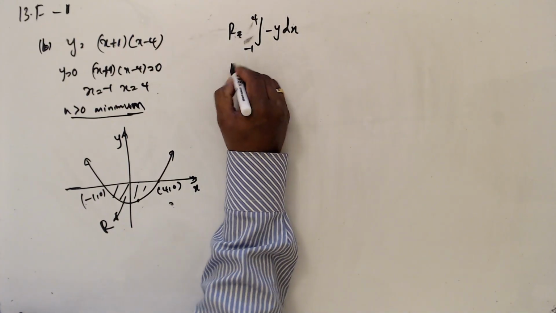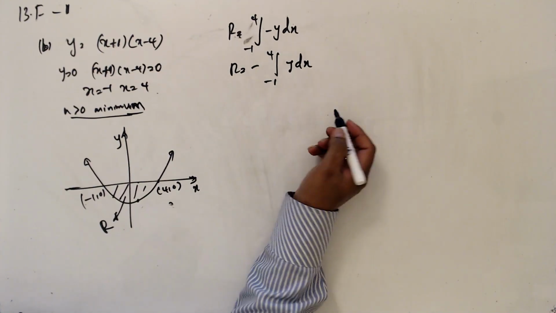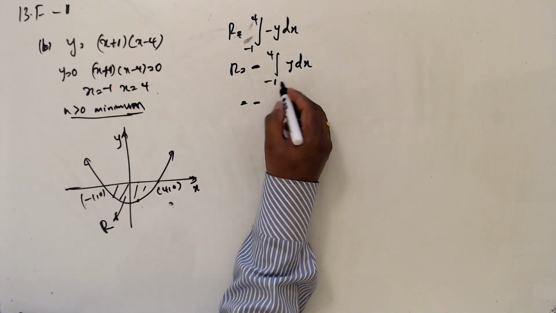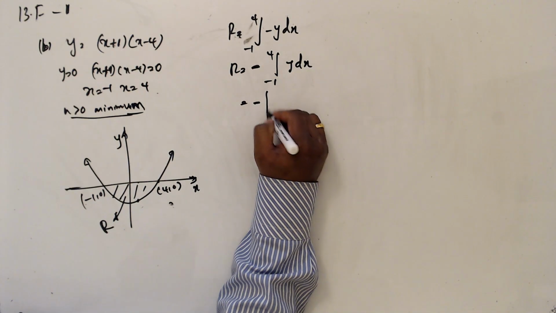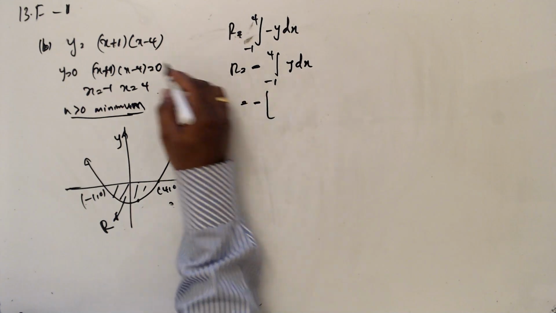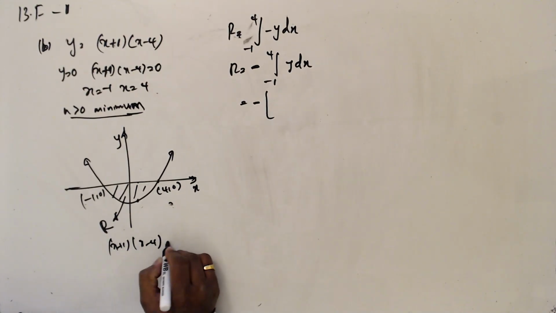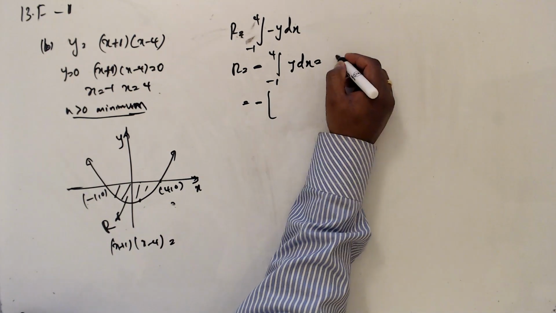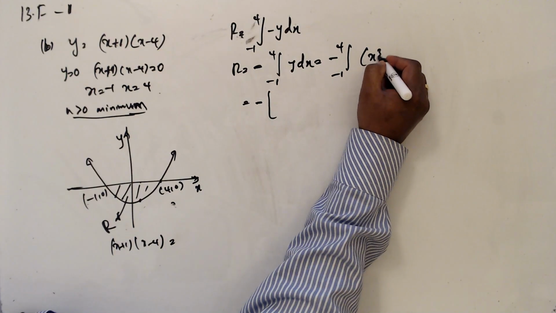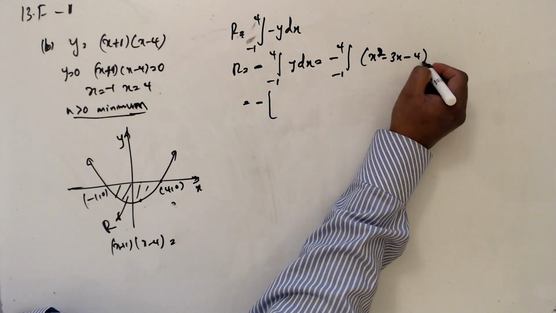Now I can take this one out, minus the integral from minus 1 to 4 of y dx. The minus sign is here. We'll leave that minus sign, and then y means I have to expand (x plus 1)(x minus 4). This is going to be the integral from minus 1 to 4 of x squared minus 3x minus 4 dx.